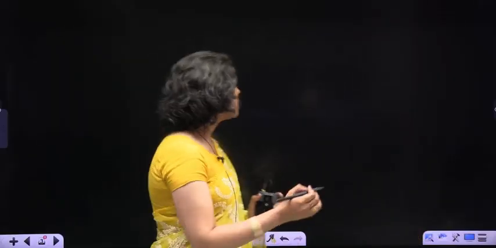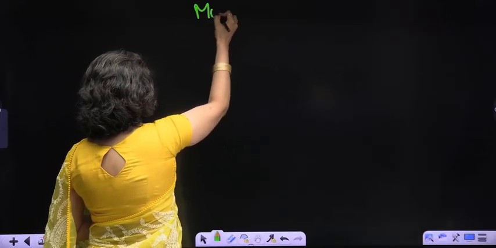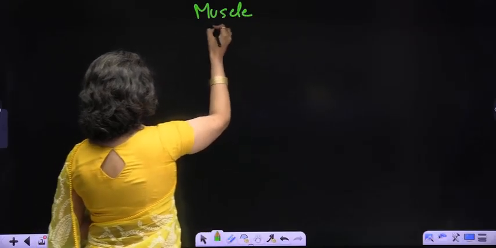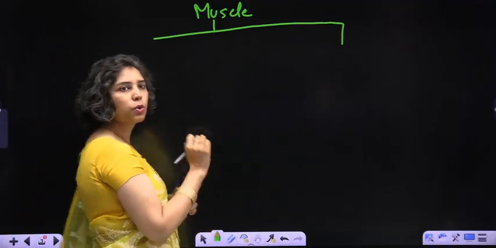Now, in case of stretch reflex, we had already given the definition. When an innervated muscle is stretched, it responds by contracting. Our muscle basically consists of two types of fibers. This flow chart or diagram is very important. Muscle consists of two types of fibers.